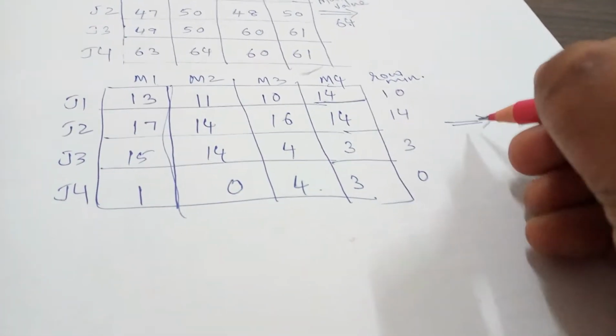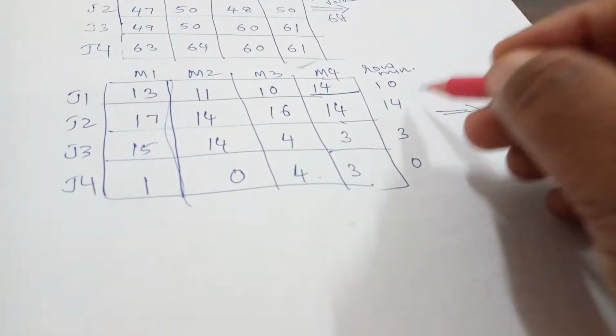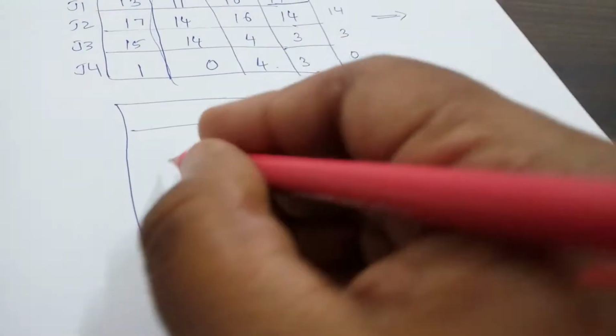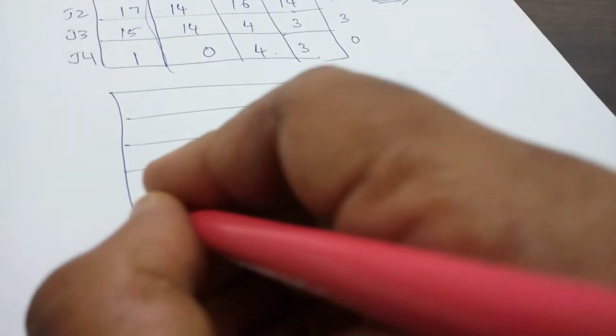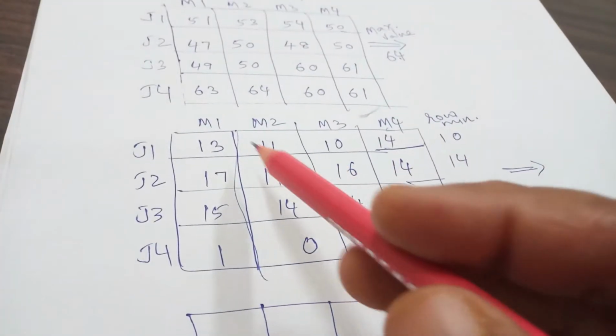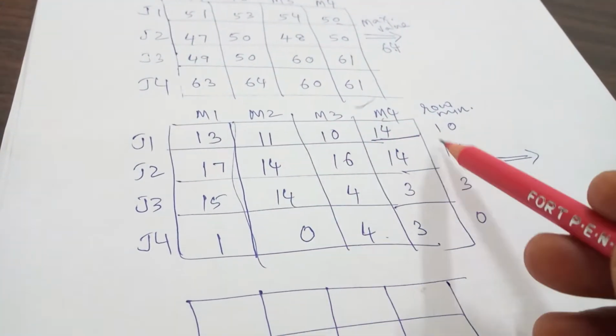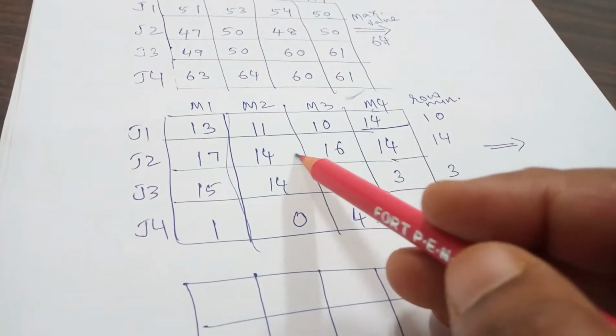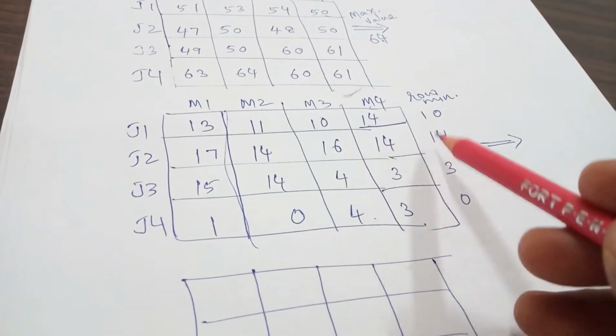Now what we have to do is subtract the row minimum value from each value, and you will get a matrix of 4 rows and 4 columns. The values will be 13 minus 10, 11 minus 10, 10 minus 10, 14 minus 10. Same way 17 minus 14, 14 minus 14, 16 minus 14, 14 minus 14.